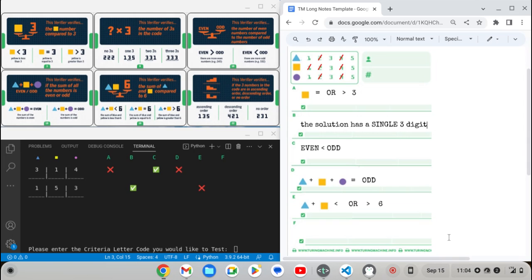If square were, okay, what if a square were 3? We would know if the sum is less than or greater than, because it could be 1, 3 or it could be 5, 3.